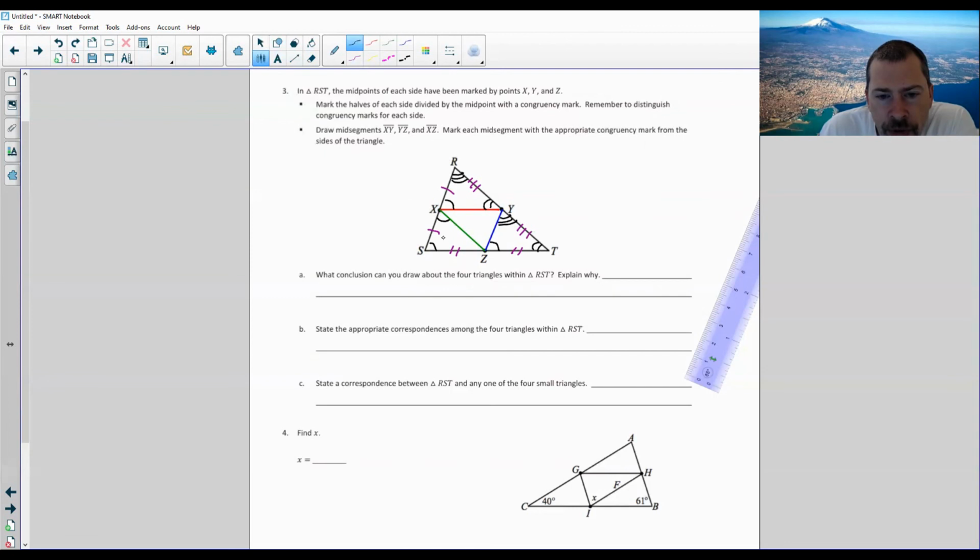How many arcs would this get? Parallel, parallel, transversal, or this is parallel, this is parallel. Okay. Let's see.